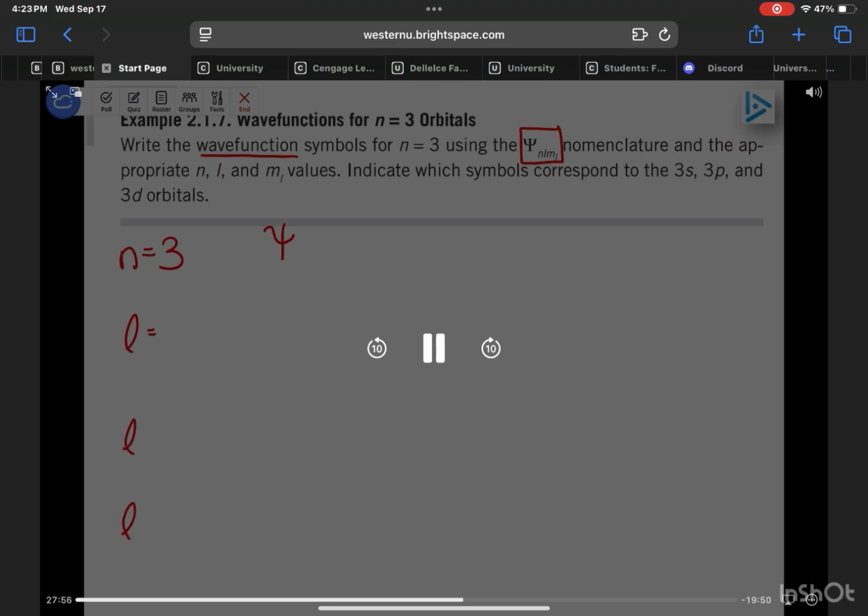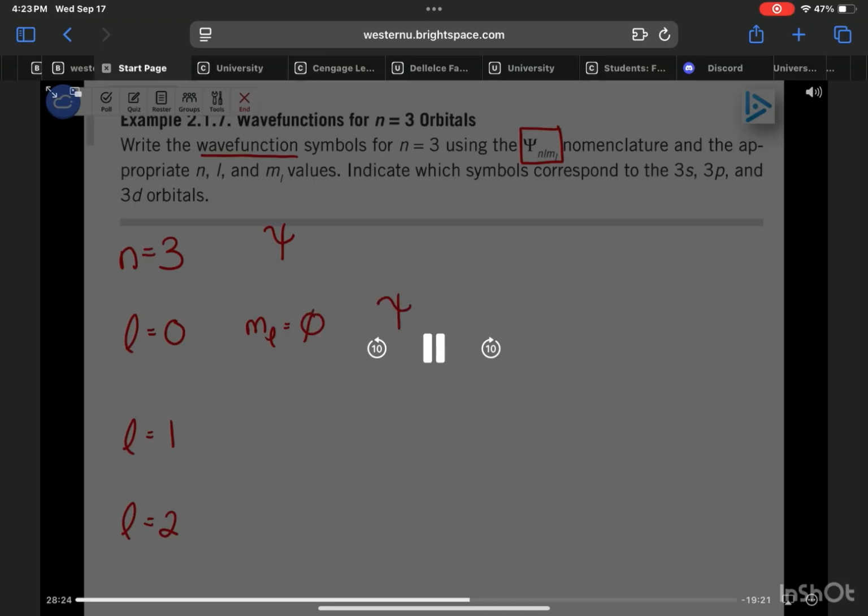We start with L equals 0. L could be 1, or L could be 2. Remember the quantum number rules? L can go all the way up to n minus 1. L is not allowed to equal 3 when n equals 3. So if L equals 0, well, then the ML option could be -0 to +0, which is basically just 0.